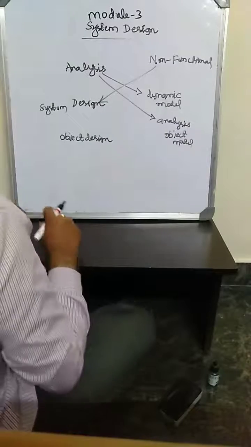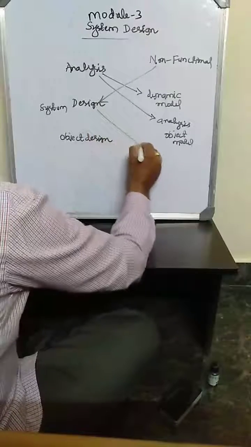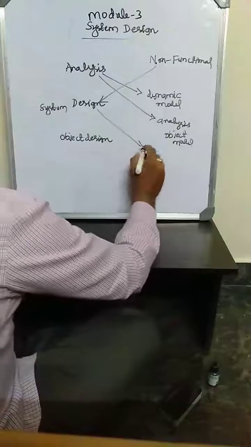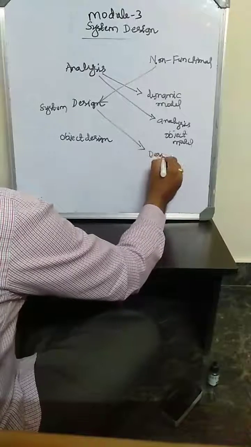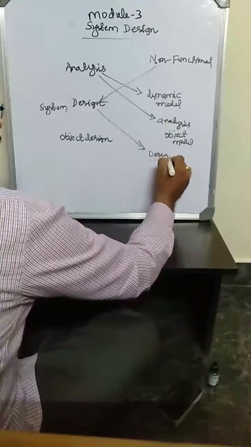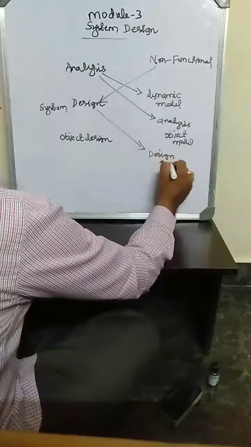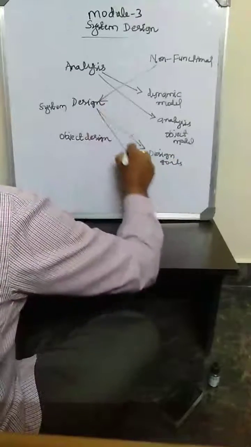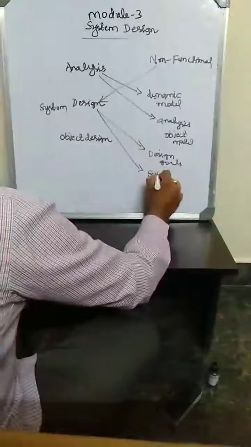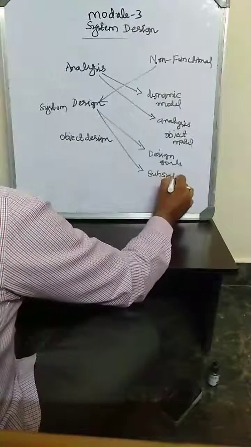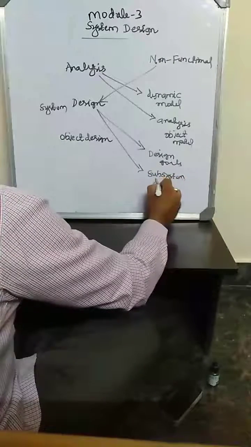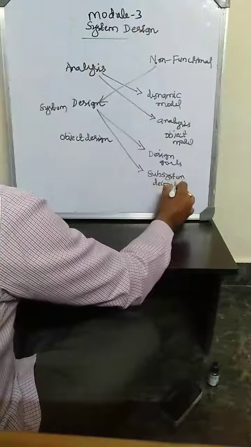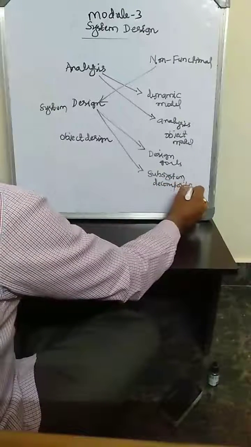Now here we are going with the system design, right? In the system design, we are going with the system design concept, design goals and subsystem concept. Here we are going with the subsystem concept. We may say it as the subsystem decomposition.